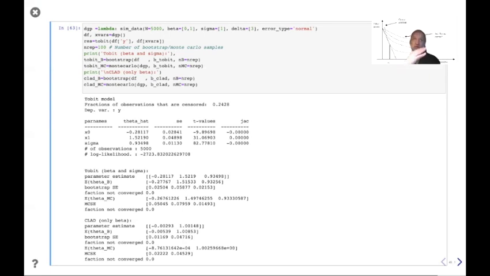Okay, and that's the point, right? We got standard errors even though we couldn't differentiate the objective function with respect to the parameters to use the asymptotic result. We now found another way, and a very powerful way.